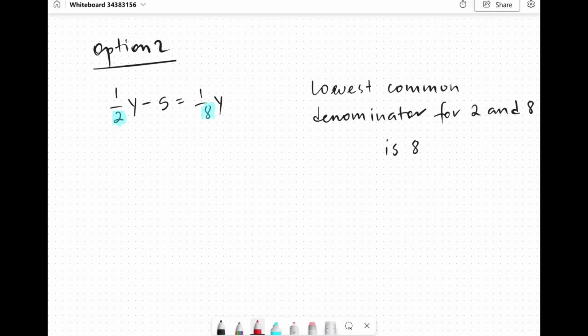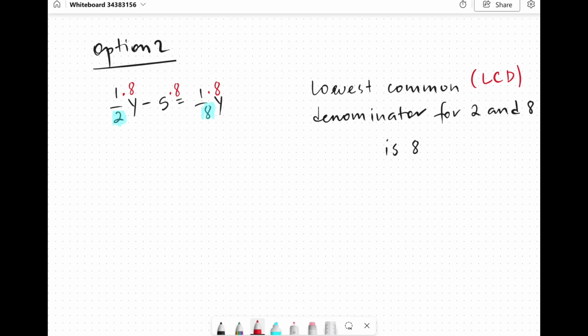What I will do is multiply every single term, including the 5, which is not a fraction, by this lowest common denominator. I may reference it as LCD in the future. This is what I mean when I do so.